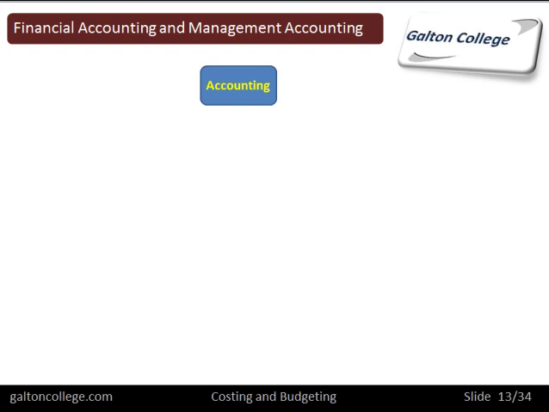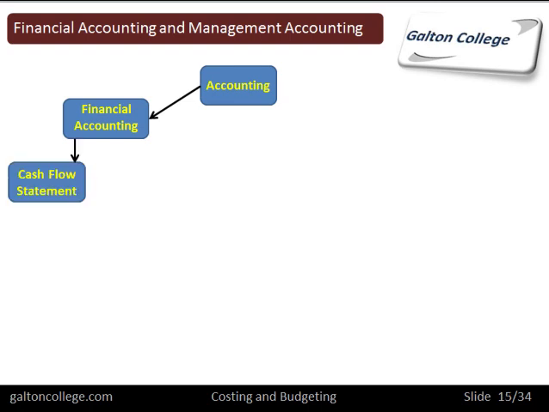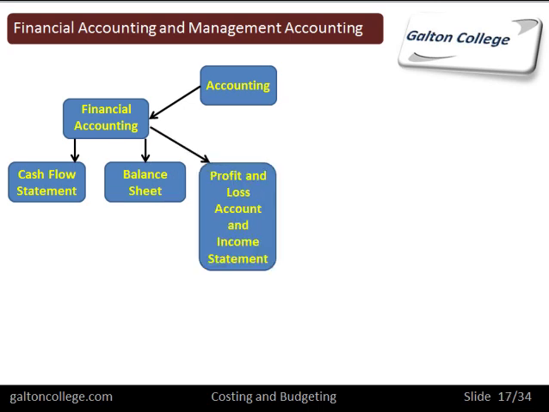So we have the accounting function. Let's just take it generically. That is the accounting function. And then we have financial accounting. Well, financial accounting will be concerned with issues such as cash flow statement and the balance sheet, and also the profit and loss account and income statement. So financial accounting goes into three areas.